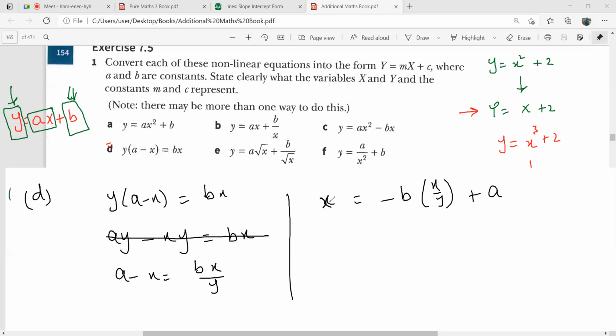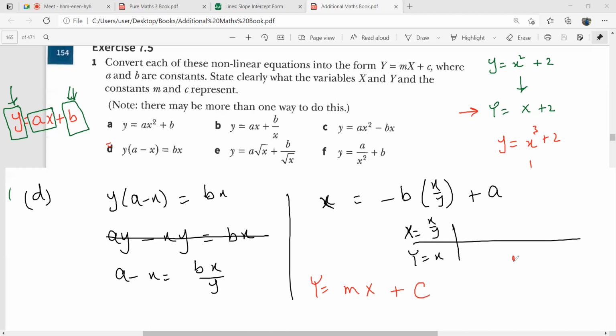Yaar, ye kya hua? We have x on the left hand side. So now look at this. Your x would be x over y, and your y will be x. Okay, so this is the linear form here, y equal to mx plus c.